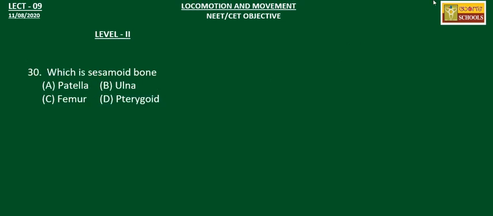So the next question, which is a sesamoid bone? As I already told you, it is the bone that is embedded within a tendon or a muscle. Just now we have seen that it is the patella that forms by the process of ossification.